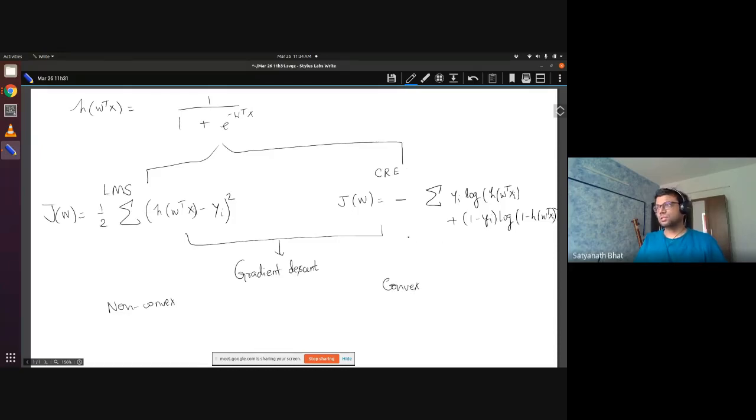Convex functions have this kind of a shape. So when you are doing gradient descent, you will always find the minimum; there is a single global minimum, and when you search for a local minimum, you will always get the global minimum.